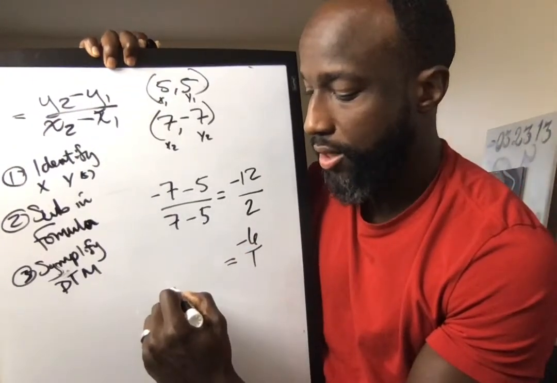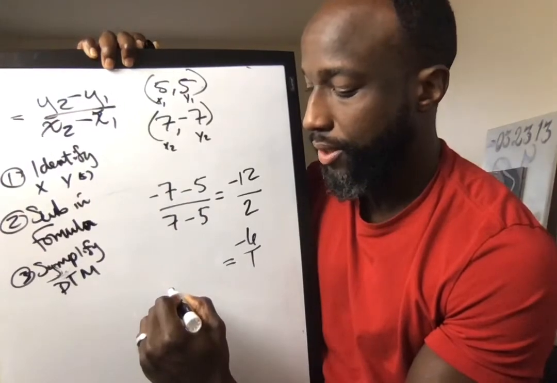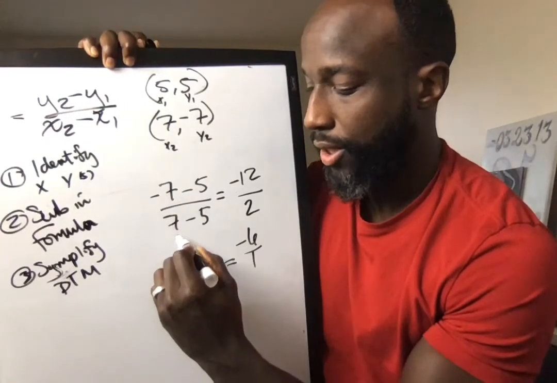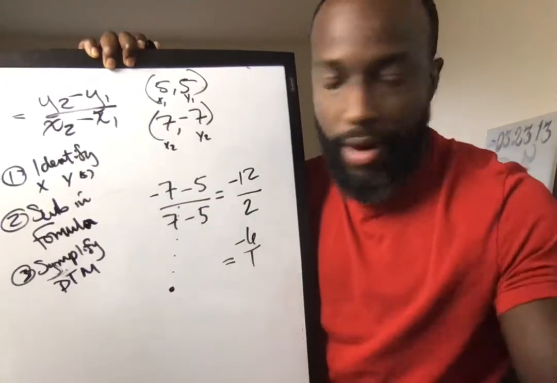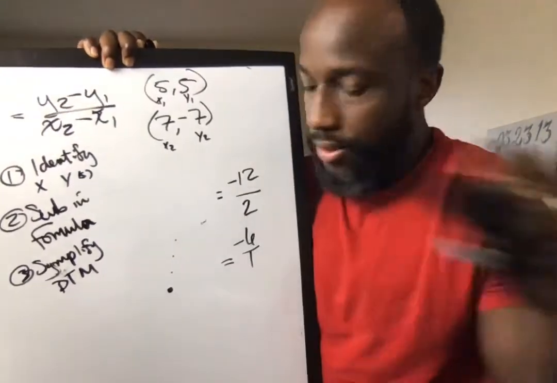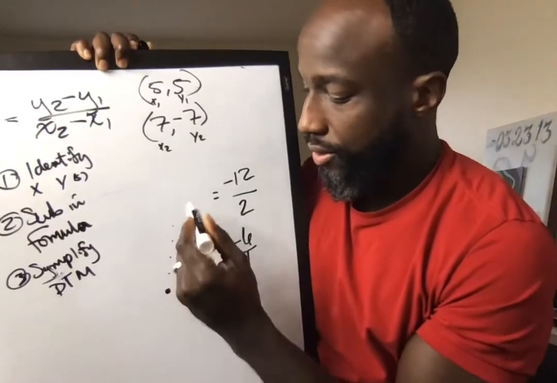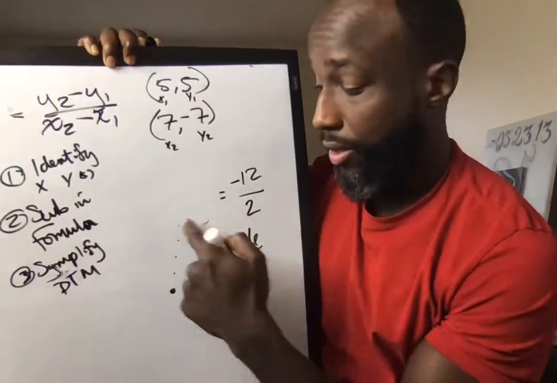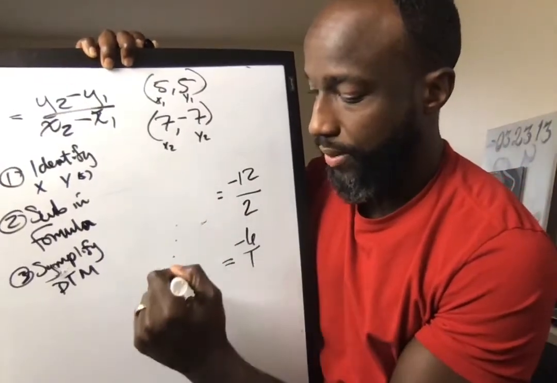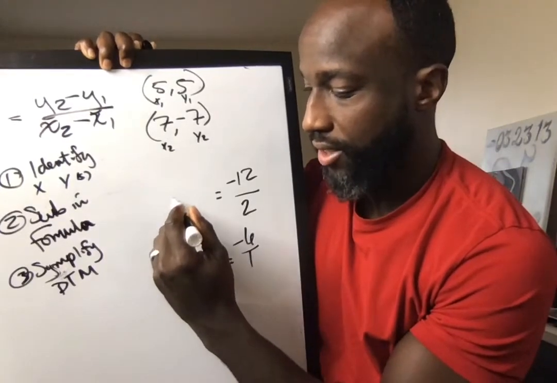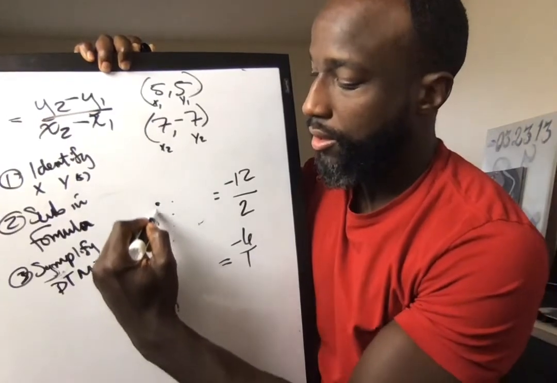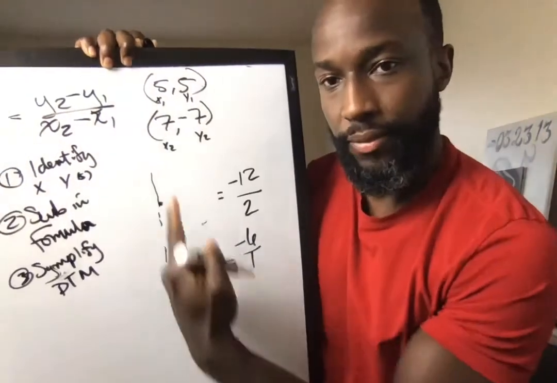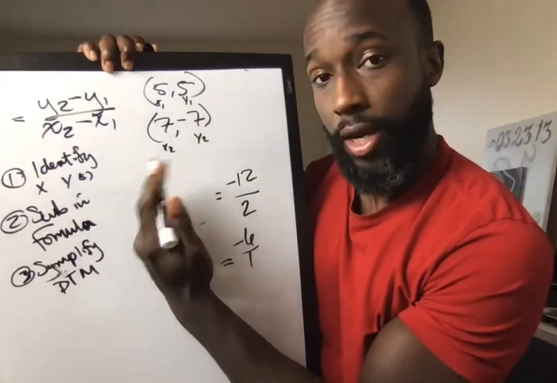So if you started at this point here, you're going to go up 6 spaces. 1, 2, 3, 4, 5, 6. This is just a ballpark, just to give you an idea what it would look like, right? So I'll go up 6 spaces, and since it went up, we're going to go to the left 1 space. 1, 2, 3, 4, 5, 6, to the left like that. So your line will look something like this. It'll be super steep. Like, it's almost close to a straight line.